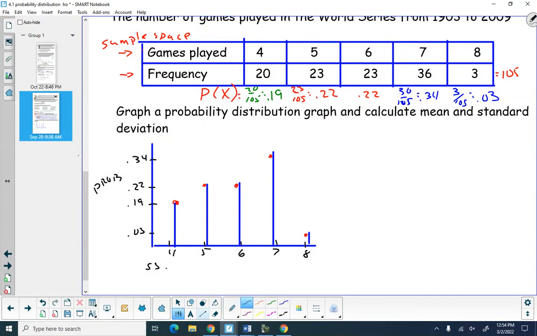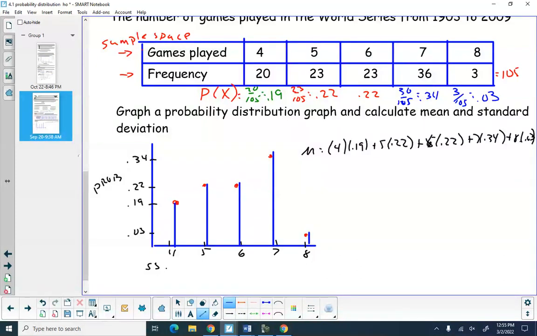The last thing we'll look at is the mean. Our mean is our outcome times the probability of the outcome. So we have 4 times 0.19 plus 5 times 0.22 plus 6 times 0.22 plus 7 times 0.34 plus 8 times 0.03.